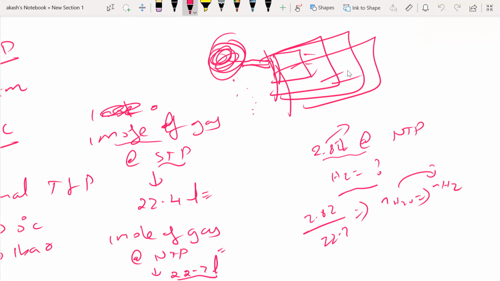And it is given that the cylinder is already occupying some amount of water. So the volume occupied by H2 gas, we have to subtract, sir, 4.85. Volume of H2 occupied should be what? It has to be subtracted from 2.82.